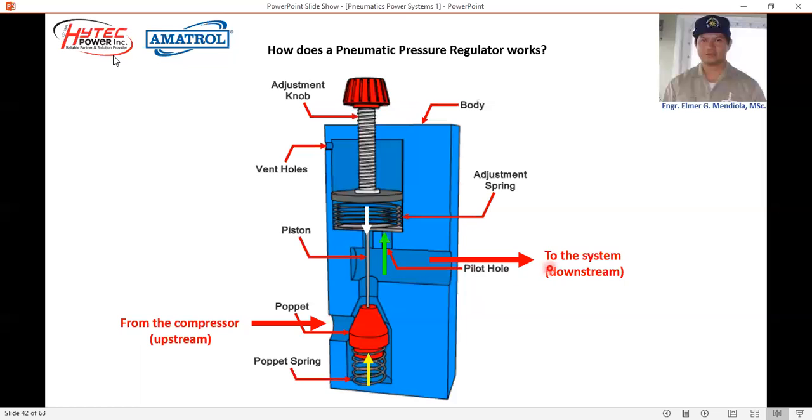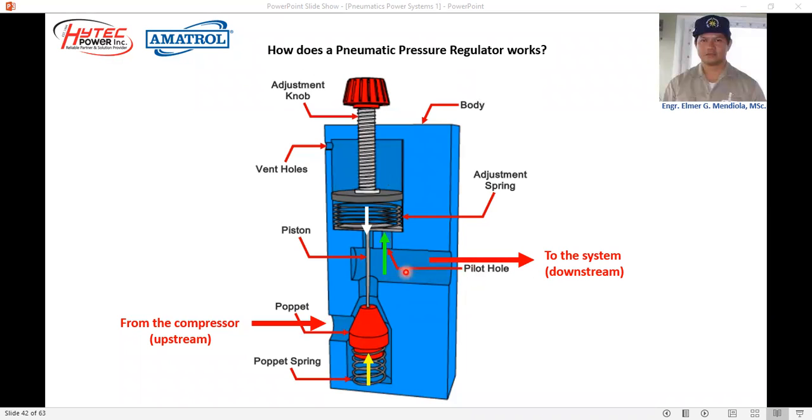So as the pressure in the downstream slowly increases, so does the upward pressure here created by the pilot force. So as the pressure force increases, it will push the downside of the piston upward, slowly overcoming the downward force plus the poppet spring force.